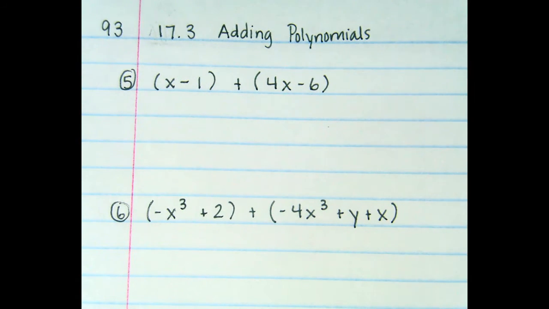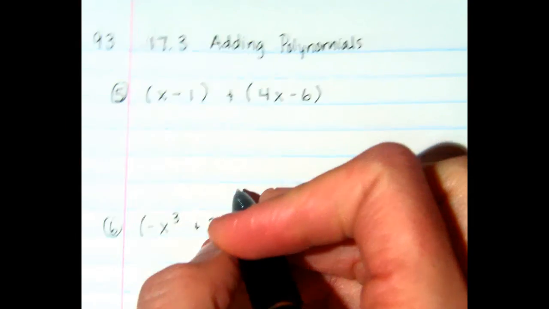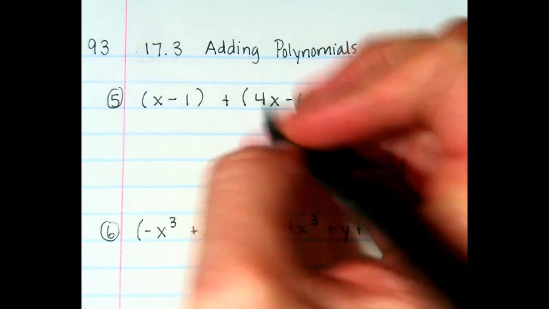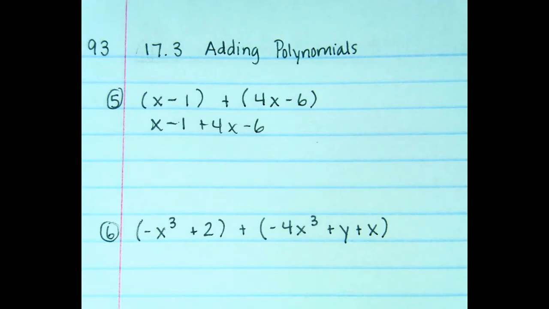Okay, so number 5 was actually a pretty simple combine your like terms. Are there any numbers in front of these? No, so what did you do? You brought it down. X minus 1 plus 4x minus 6. Okay, what is a like?